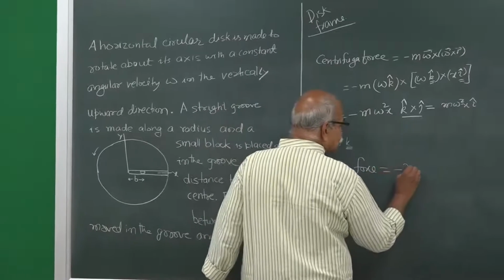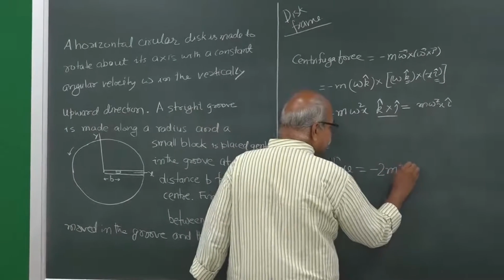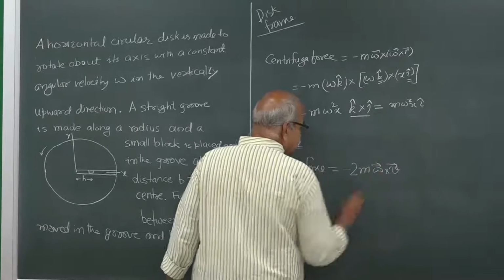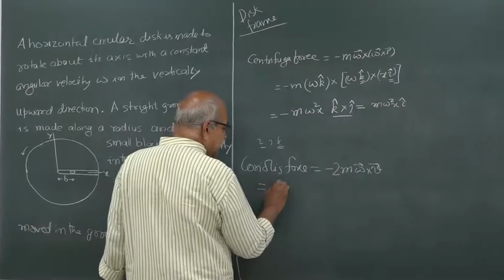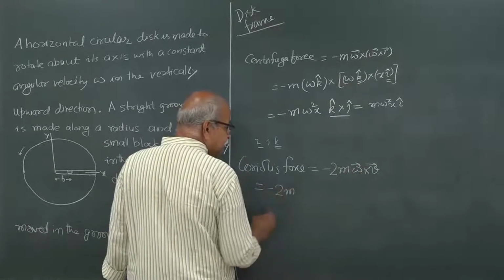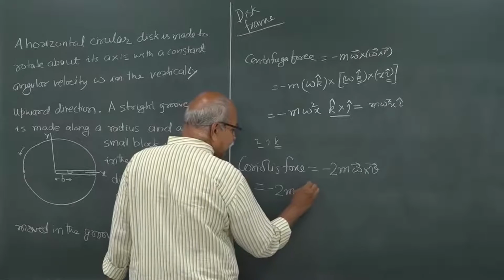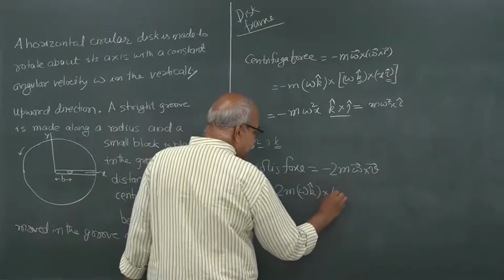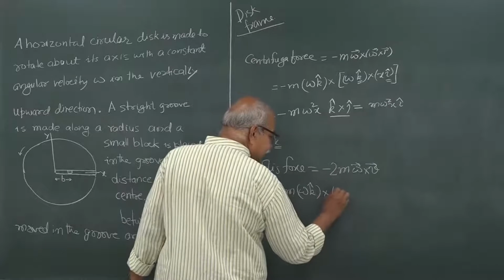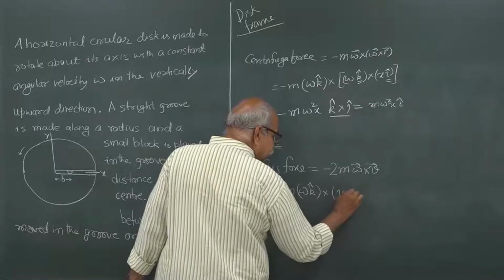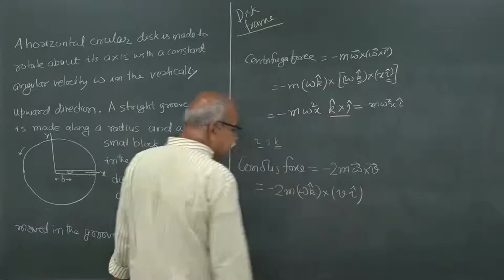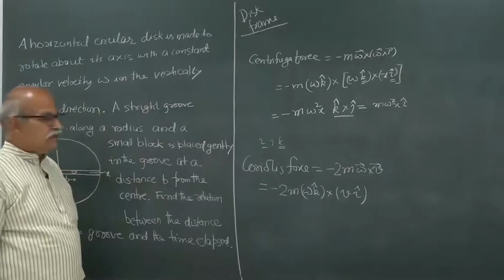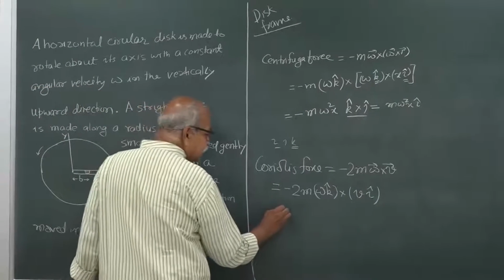The Coriolis force is minus 2 m omega cross v, which is minus 2 m, omega is omega k cap, cross v, and v is in the x direction, so it will be v i cap. k cross i is j.